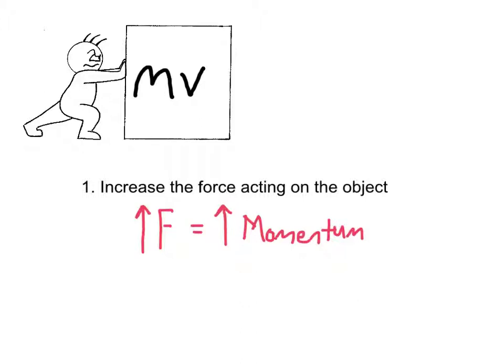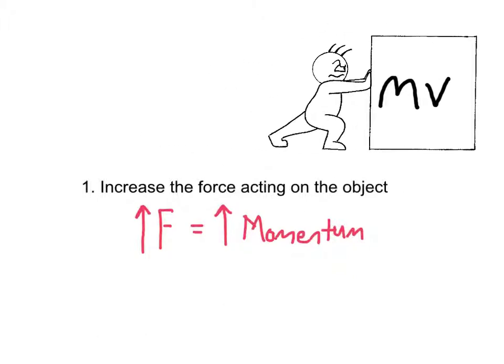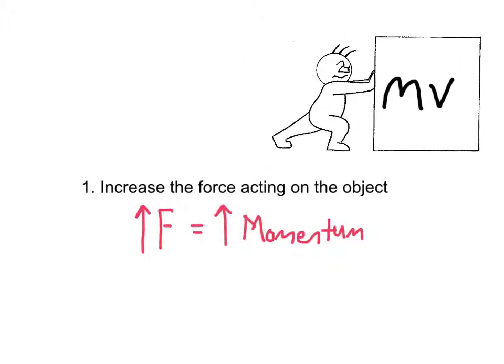But what if I push so that the crate's velocity does not change? I push it with a constant velocity instead. Is there another way to change its momentum? Well, if I push for a longer amount of time, I can change its momentum a greater amount. So a force that's sustained for a long time produces more change in momentum than does a force that is applied for less time.